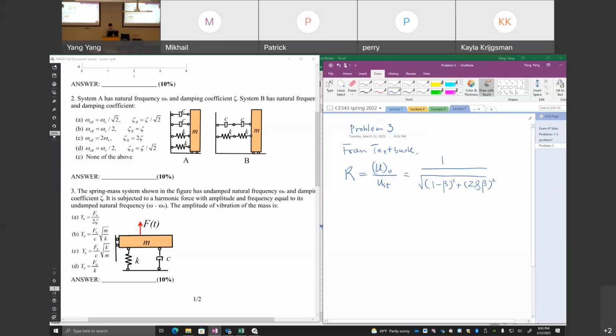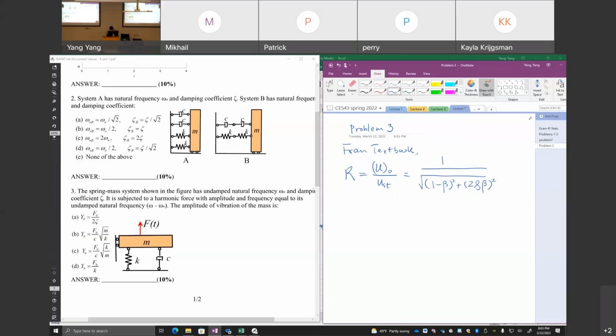Yeah, and we discussed that in class too. For the steady state response of the system, the ratio between the maximum dynamic displacement, or the amplitude of the dynamic response, over the static response should be equal to 1 over square root of 1 minus beta squared plus that.